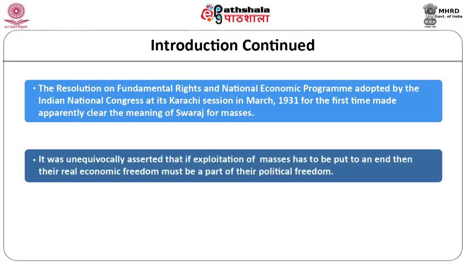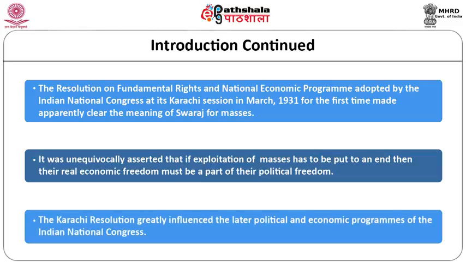It was unequivocally asserted that if exploitation of the masses has to be put an end, then their real economic freedom must be part of their political freedom. The Karachi resolution greatly influenced the later political and economic program of the Indian National Congress.